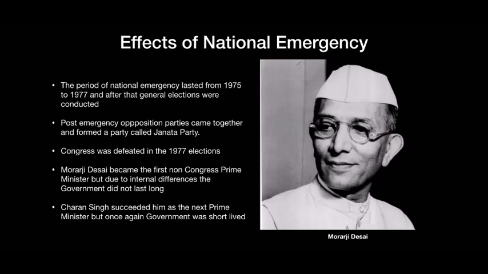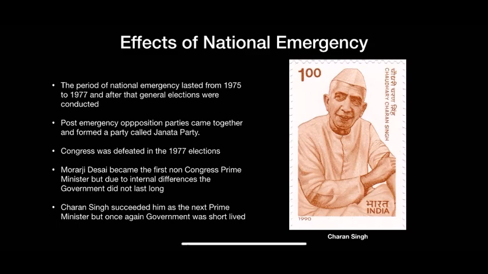Congress was defeated in the 1977 elections. Morarji Desai became the first non-Congress Prime Minister. But due to internal differences, the government did not last long. Charan Singh succeeded him as the next Prime Minister. But once again we see that his government was also short-lived.